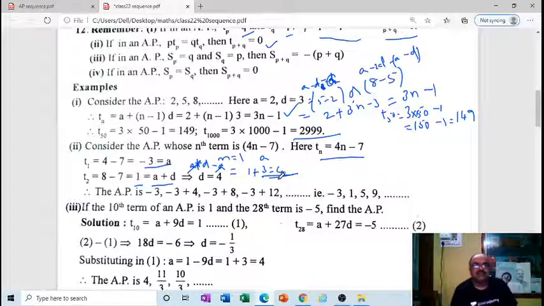So D equals 4. We have A, we have D, we can generate the series. Minus 3 plus 4, minus 3 plus 8, minus 3 plus 12, go on doing it. A plus D, A plus 2D, A plus 3D, like this you go on doing it, you will get the series.